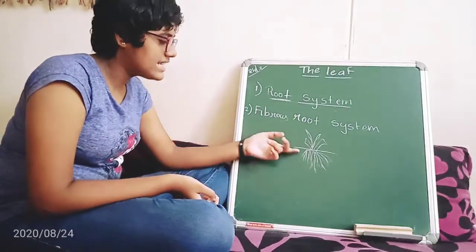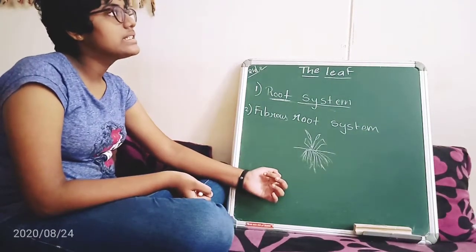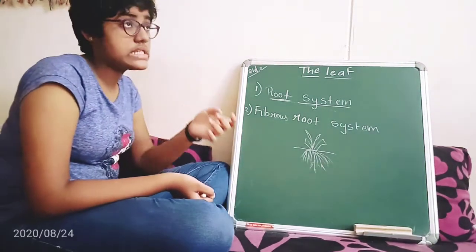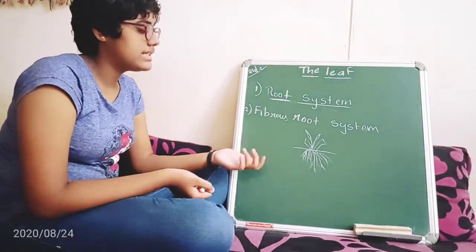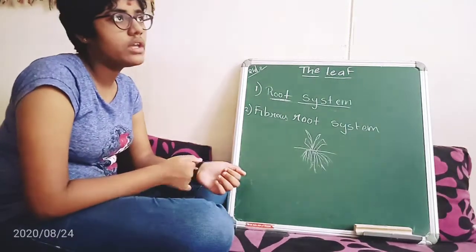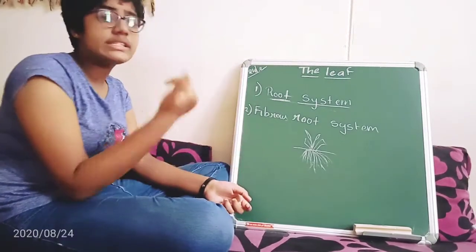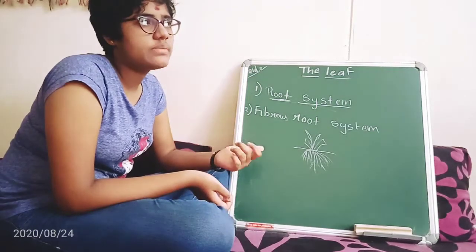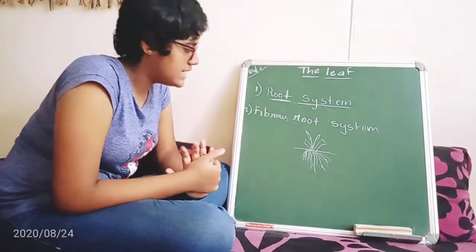So grass has fibrous root. Many plants like roadside plants like grass, the main example is grass, will have the fibrous root like the hair with all the roots with the same thickness, same size. Everything is the same size. Okay.